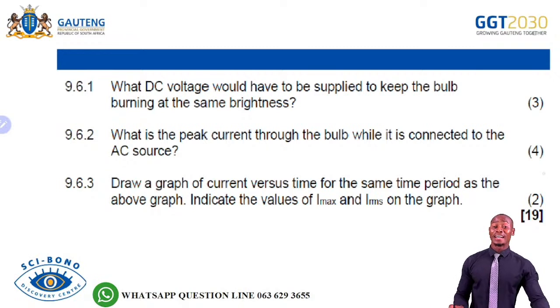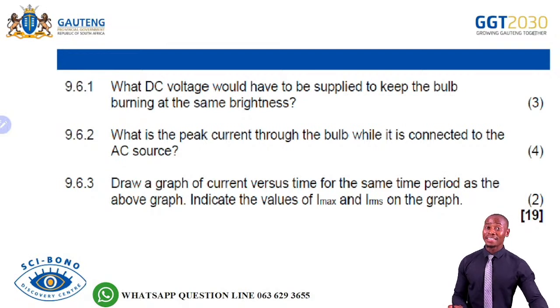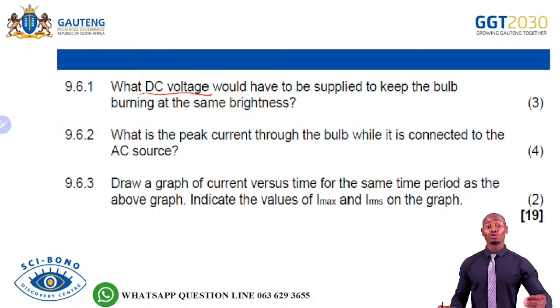So here, remember, what is root mean square voltage, right? Root mean square voltage, it's an AC voltage that dissipates the same amount of power as a DC. Let me repeat that. What is the root mean square voltage?